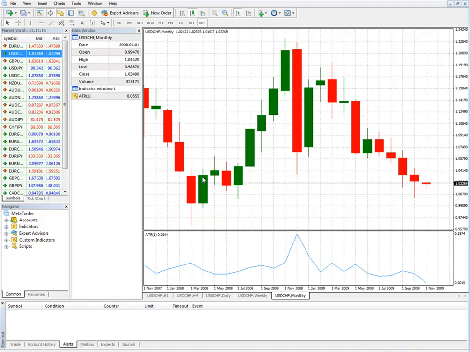So we have to have $15,000, $16,000 in that area for that to work out. It says 555.